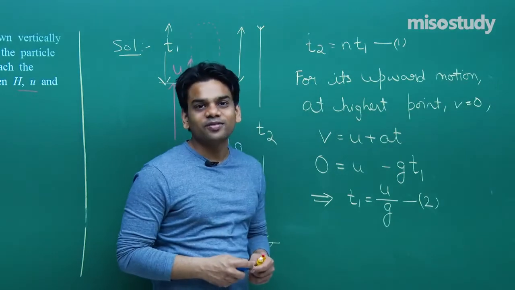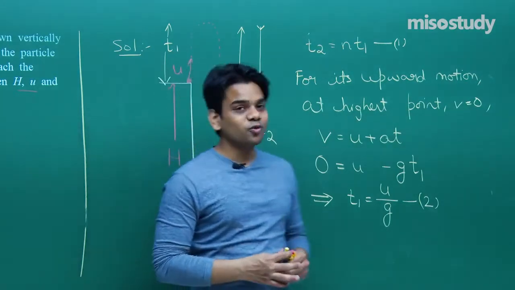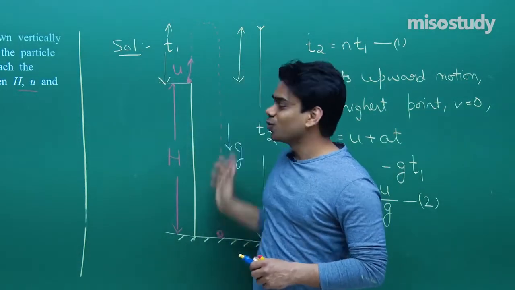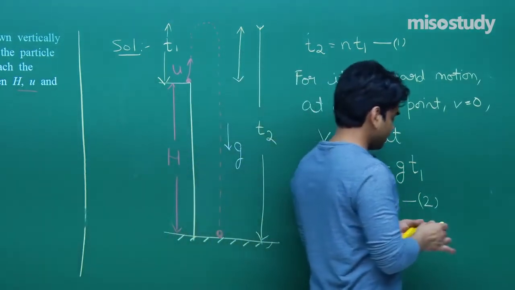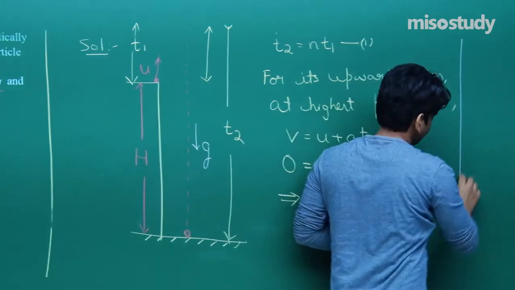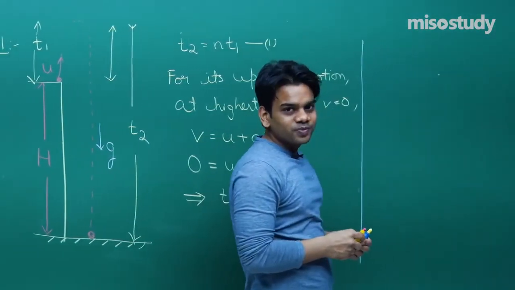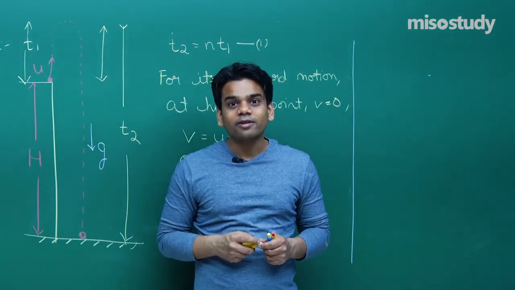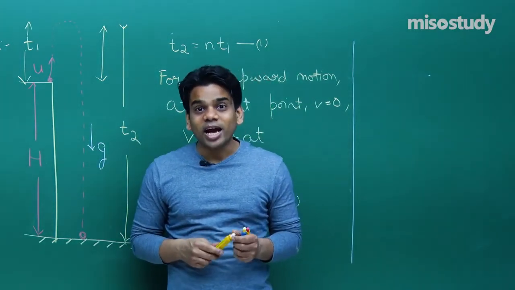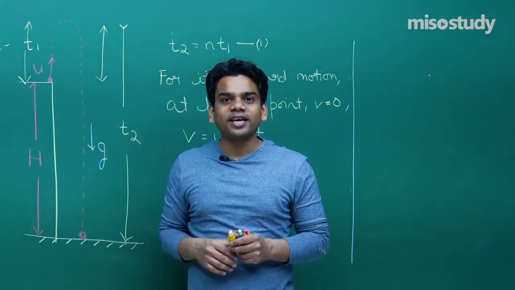Let's go ahead with the second, that is we need to find out what's the time taken to complete the entire motion. Time taken to complete the entire motion, let me do it here at this part of the board. For t2, see the displacement, the net displacement as it hits the ground, that will be equal to minus h. Why minus h? Because downward direction we are taking as negative.